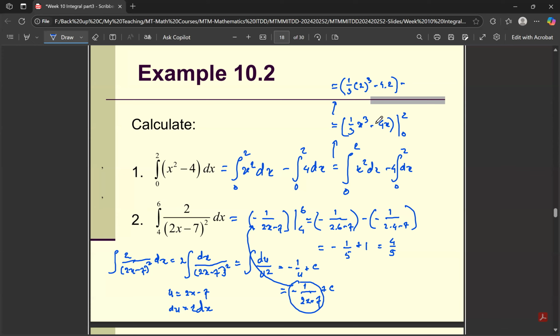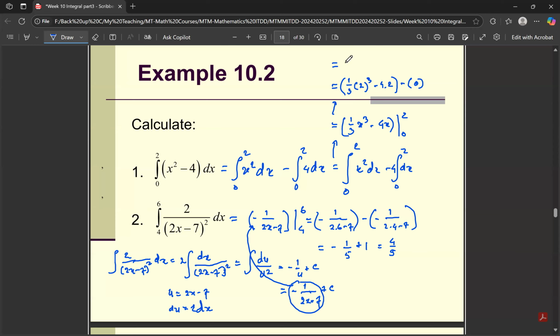0, should be 0, because the evaluation of this function at 0 will be 0, so we have 0 here, and then we can count it.